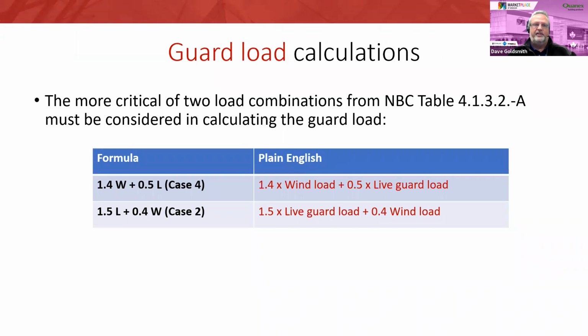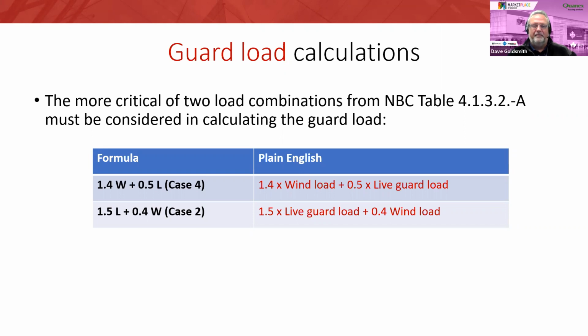So one worst case scenario is you've got the 1.4 factor from the wind load, which would be in the middle of your storm, but you only have to use 0.5 times the guard load, because they reason that it's improbable that somebody's going to run up against a window in the middle of a windstorm and bump against it and fall through, applying the full guard load to the windows. I personally would be staying away from the windows if they were rattling and bowing out and all of those types of things that you would see in this kind of worst case scenario.